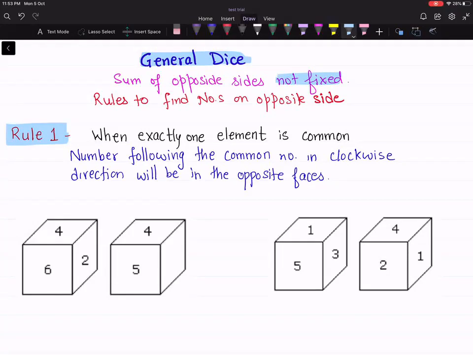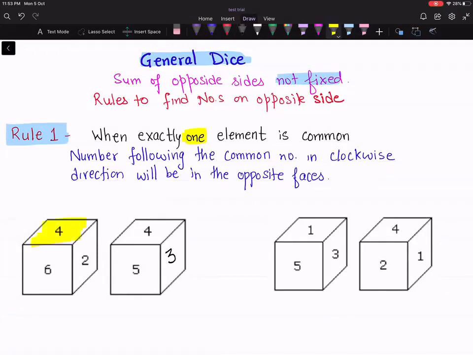The first rule, the first trick, is when exactly one element is common. If only one element is common, then this applies; if two elements are common or no element is common, then the case is different, right? So if I take this number as, let's say, 3, in this particular case only one element is common, that is number 4.